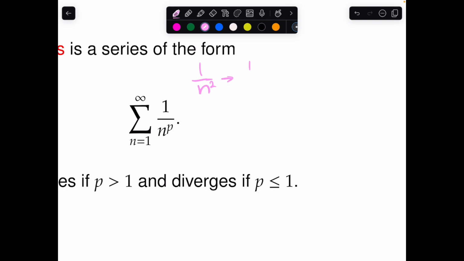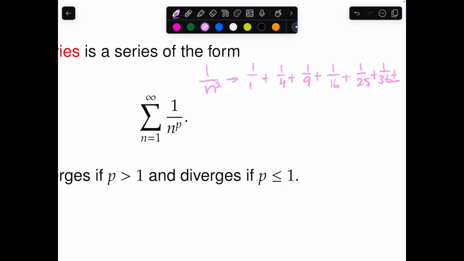You get 1 over n squared. So 1 over 1 plus 1 over 4 plus 1 over 9 plus 1 over 16 plus 1 over 25 plus 1 over 36. And I'll just do etc. because obviously it keeps going until infinity, and I can write fast but not that fast.